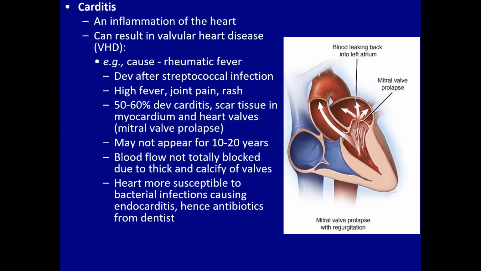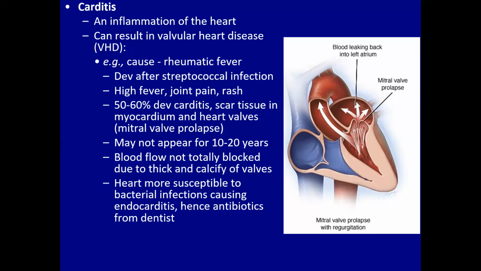So a person can get mitral valve prolapse, and when that happens, it allows for regurgitation, allows for blood to go back up into the left atrium upon contraction of the left ventricle. As you see in this image, you can see blood flowing back up into the left atrium as well as into the aorta. But a person may not notice this for 10 or 20 years.